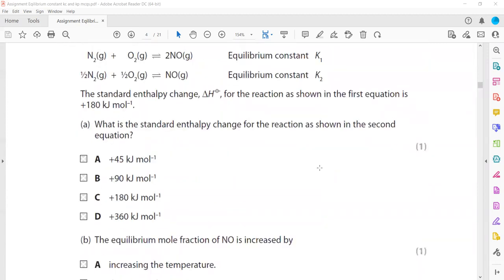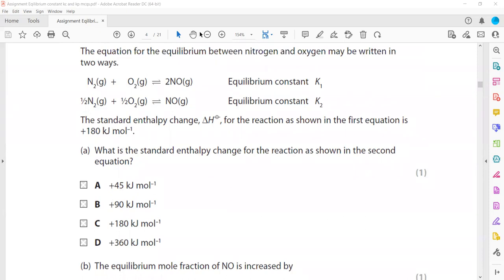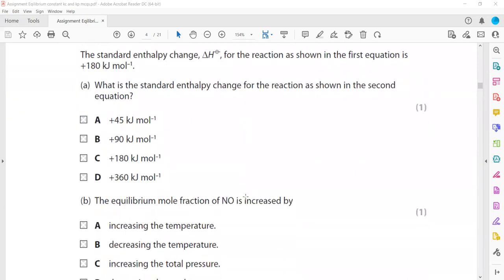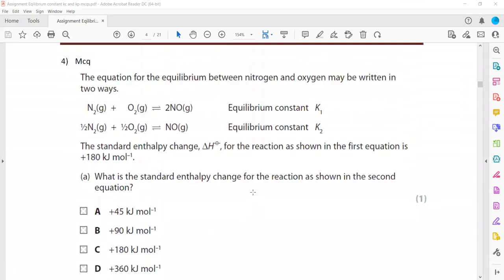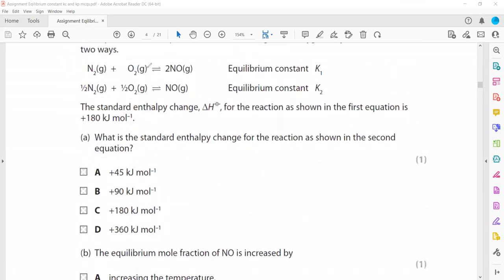How can we increase the mole fraction of NO, or shift the equilibrium towards the right hand side? We know the forward reaction is endothermic. So if it's an endothermic reaction, we should increase the temperature to shift the equilibrium towards the right hand side.